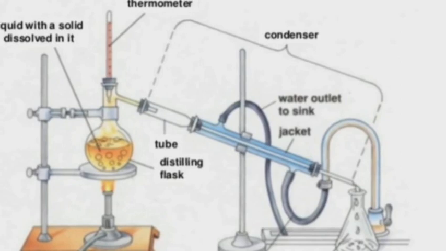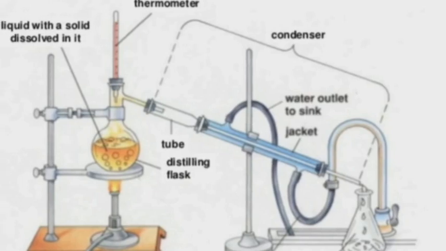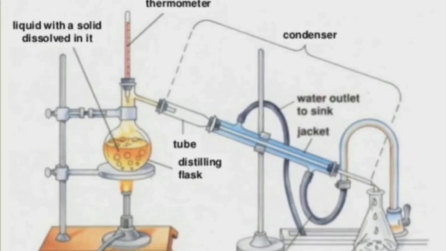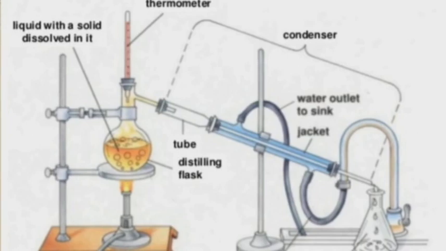With the help of that, we provide cold water to the outer surface of the condenser, so that the water vapor can condense and convert into liquid form, and that liquid is collected in the receiving flask. Nothing but pure water is collected in the flask. Salt will remain in the round bottom flask. So this is the way of separating the salt from the water, or you can say the liquid from the solid mixtures.